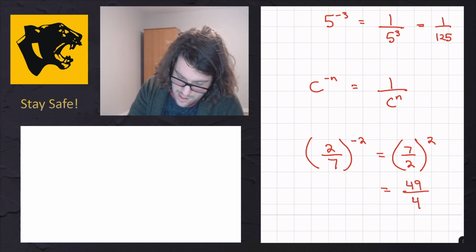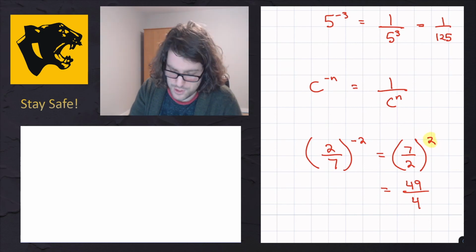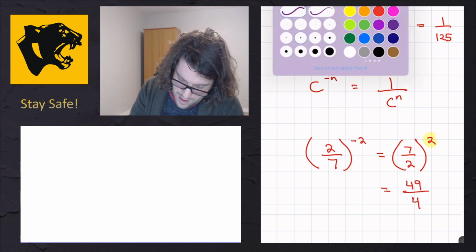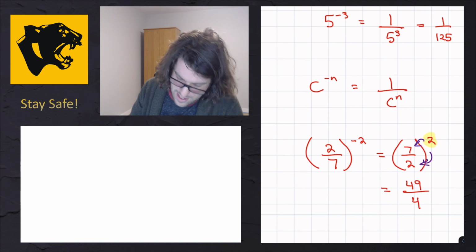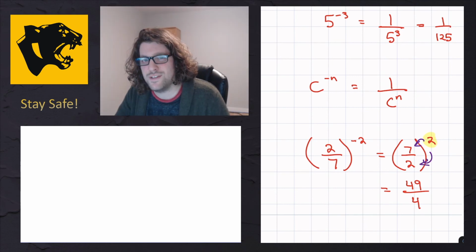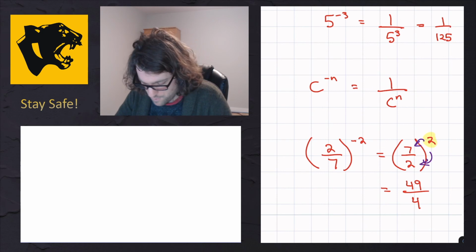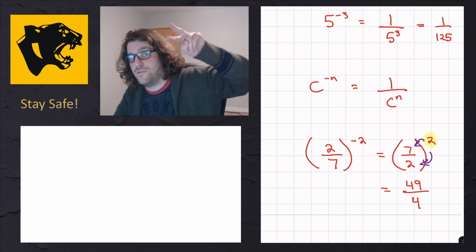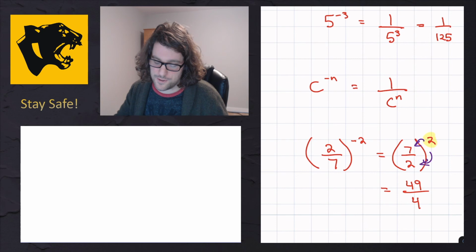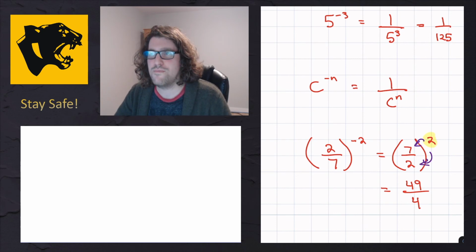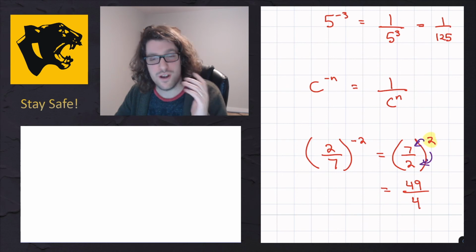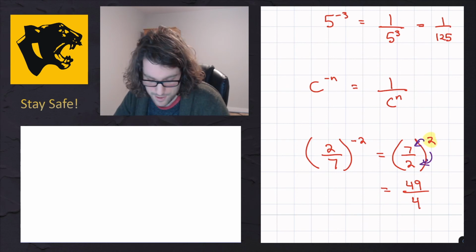The power of 2 is going to apply to both the numerator and the denominator. So 49 over 4. So again, negatives do flip, negatives do reciprocal, and then you apply the power that's still there to whatever's still kicking around after you've done your reciprocal.